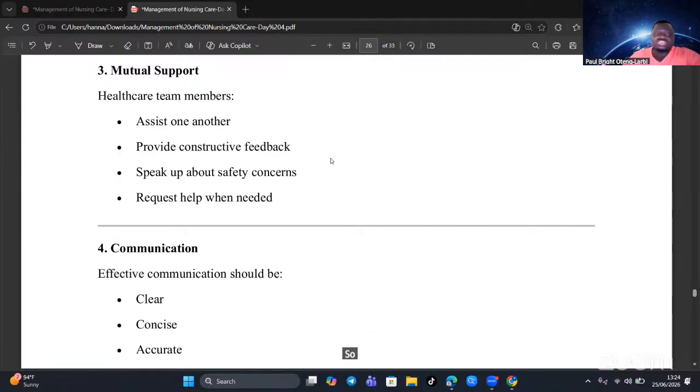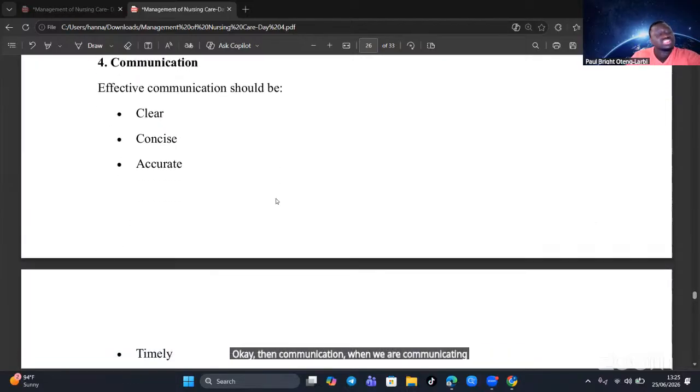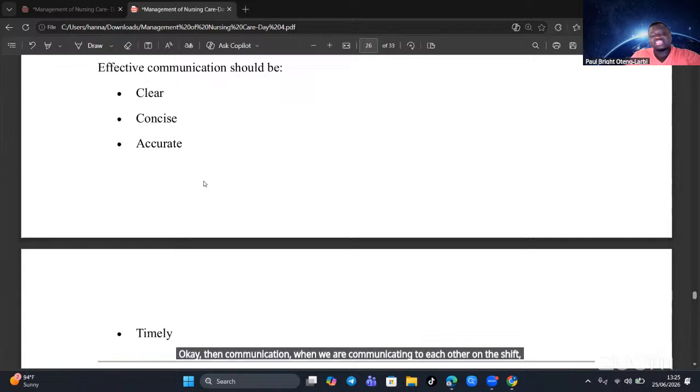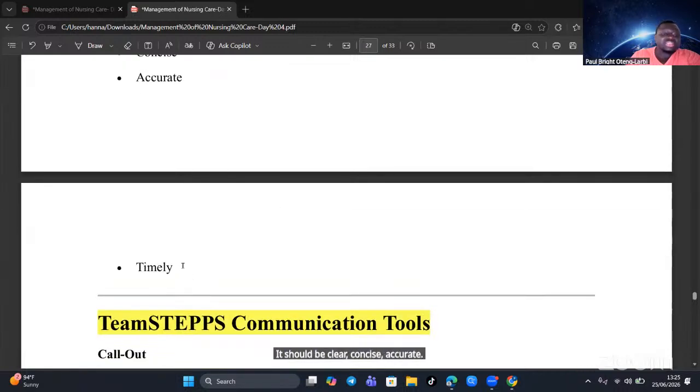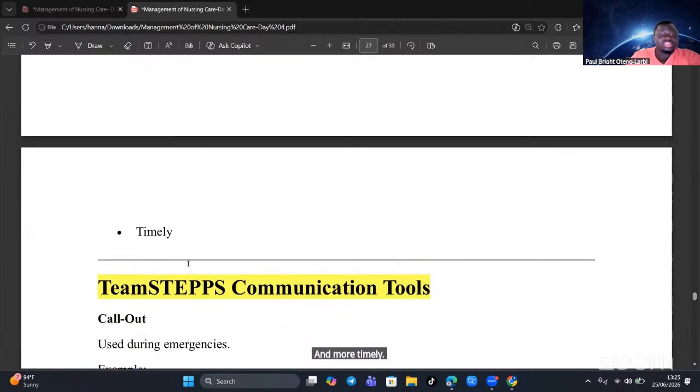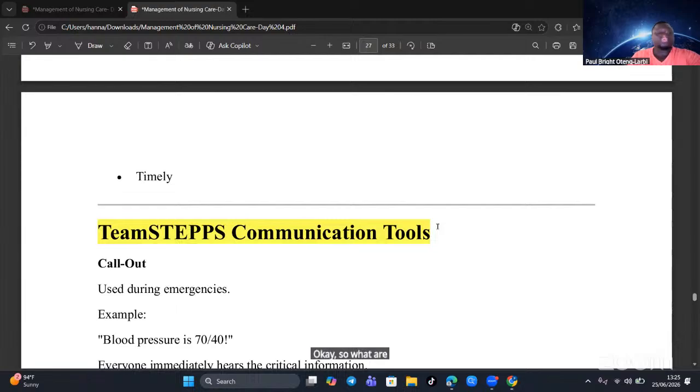Nurses use TeamSTEPPS to work on the ward. We go to work, one of us will be a team leader, assign the roles to us, and we help each other through mutual support. Then communication on the shift should be clear, concise, accurate, and timely.